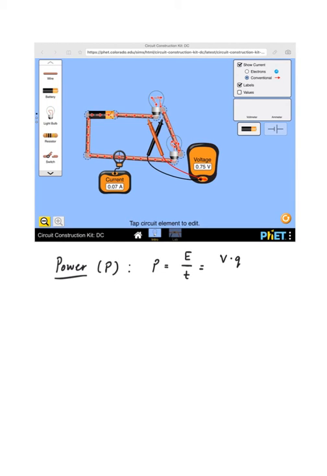Voltage times charge is the potential energy associated with an electrical circuit. In this relationship, if I take Q over T to be another electrical component that we've defined, this is the same as current. Power in an electrical circuit is given as voltage times current. And power is still measured in watts, our SI unit of power.